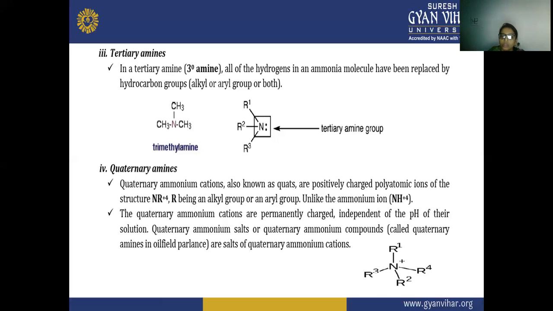These are the salts of the quaternary ammonium cations known as quats, and in parentheses they are called quaternary amines, all salts of the quaternary ammonium cation.